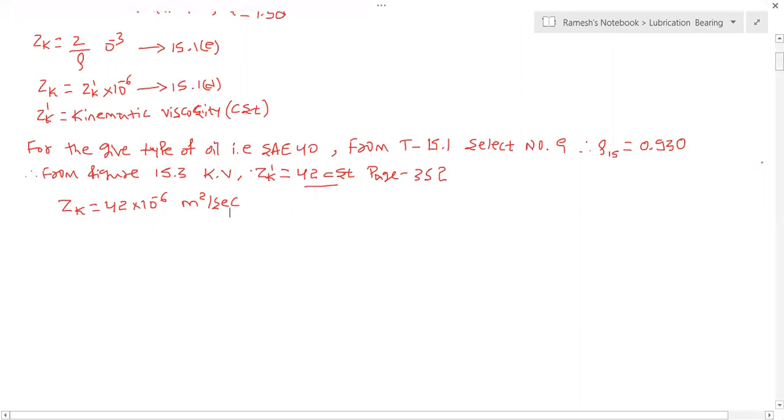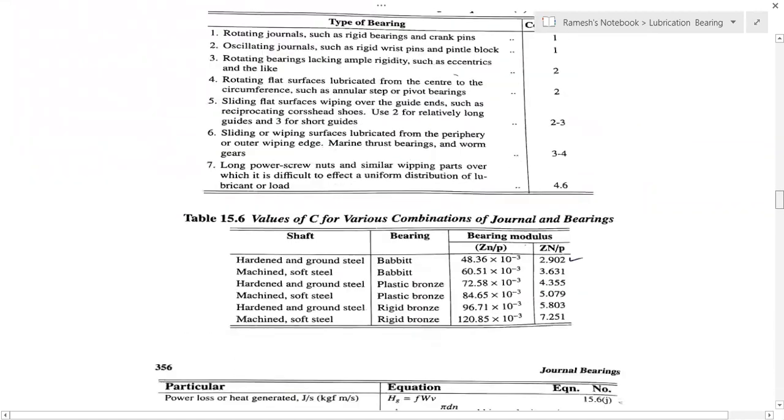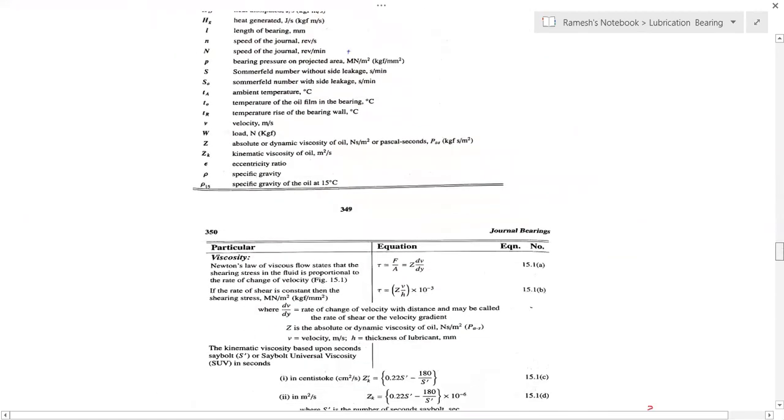After finding the kinematic viscosity, next we need to find the specific gravity of the oil at the operating temperature. The equation is given just below the kinematic viscosity equation.